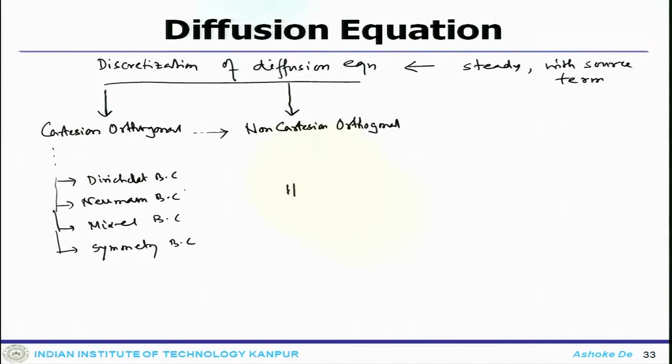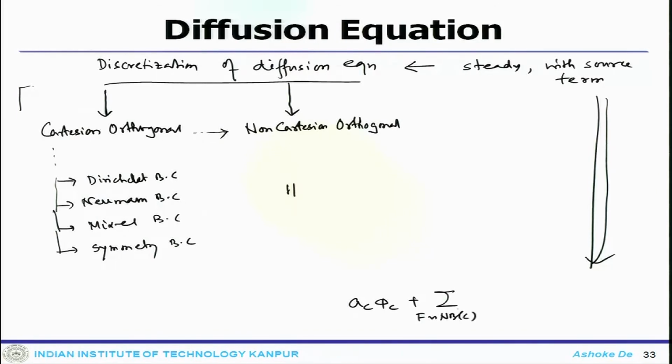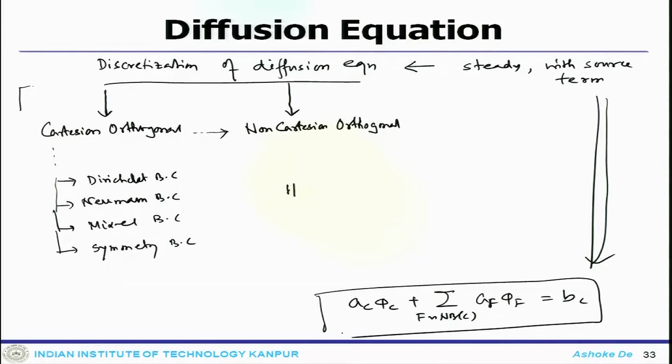We have looked at the implementation of boundary conditions, because essentially from here the discretization process gives us back a discrete equation in a generic form. That means this gives us back the equation AC phi C plus the sum over neighbours F of AF phi F equals BC. That is the generic equation that we get.